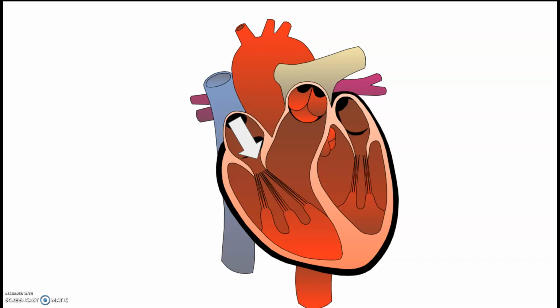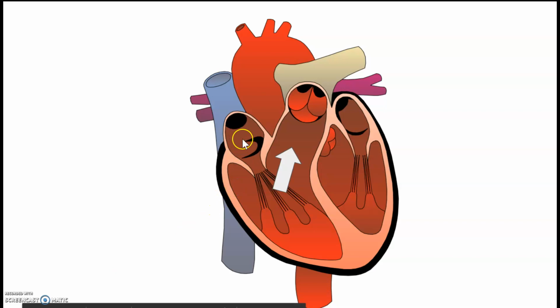So the next step on this journey is to go from the right atrium, past this little valve that sticks down between the right atrium and the right ventricle, which is the tricuspid valve. So it goes from the right atrium, past the tricuspid valve, and into the right ventricle.